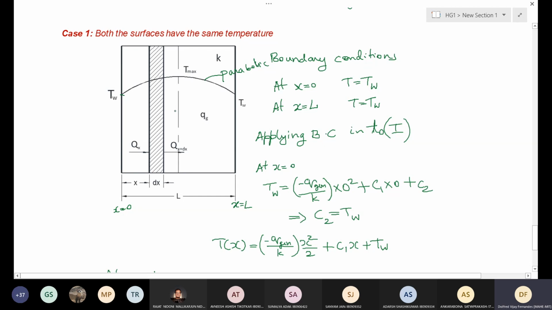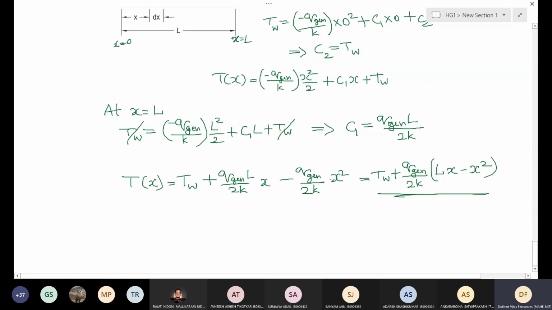Okay, now what we have to do is also find out the maximum temperature point. We have to find out T maximum in the wall. The maximum should be at half the length, no? Yes, you can find that out. But if the temperatures are different, then it will not be at half the length.